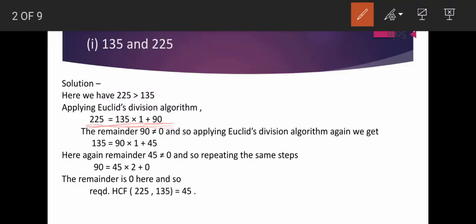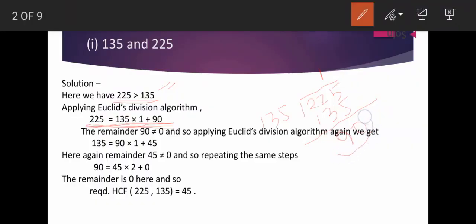What I explained just now, this first expression follows that particular rule. Here 225 is bigger than 135, so of course 225 is divisible by 135. While dividing 225 by 135, let's check what we get as quotient. Of course it is 1. 1 times 135 is 135. So the remainder comes as 90.